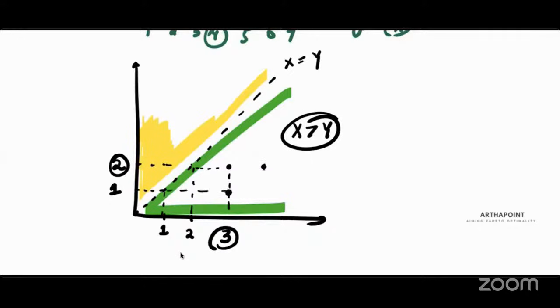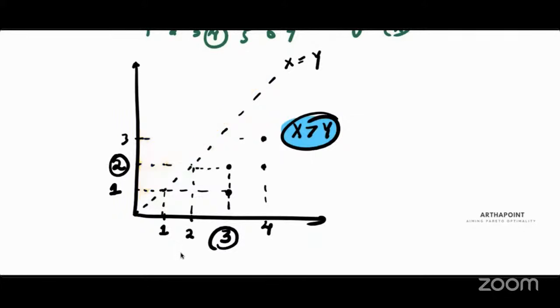Take a point here. X is 4, y is 2. Take a point here. X will be 4, y will be 3. So throughout the green zone, and this is important, the line of kink divides the area in 2 parts. The right hand side of the zone is where x is greater than y. That's the first part. So we just jot down this.